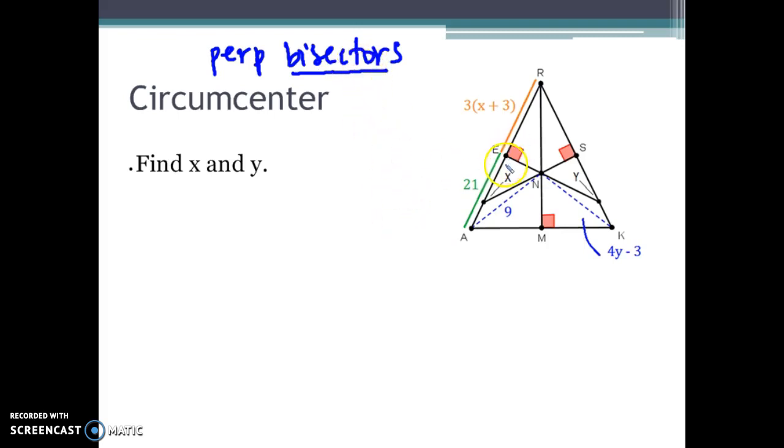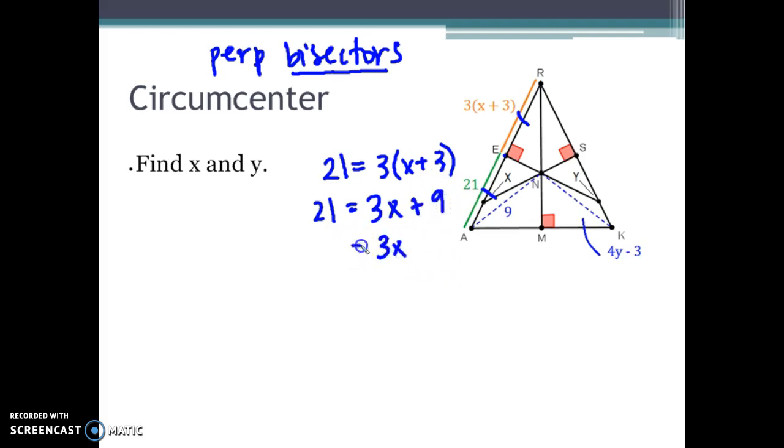So that means that AE is 21, which is the same as 3 times x minus 3, or x plus 3. Because this has got to be the midpoint, so these two are halves and they have to be equal. Well, 3 times x plus 3 is 3x plus 9. Move the 9 over. 21 minus 9 is 12. Divide by 3. x equals 4.